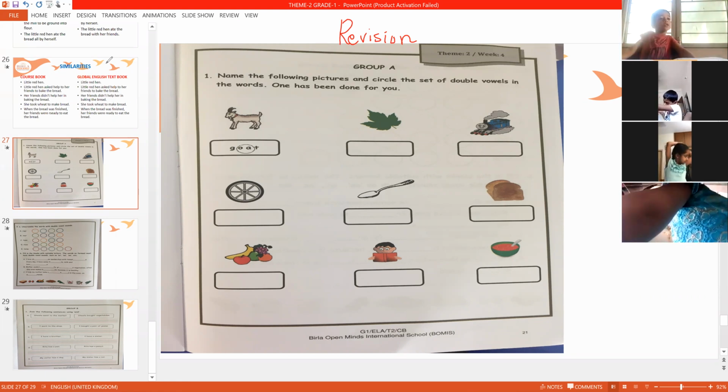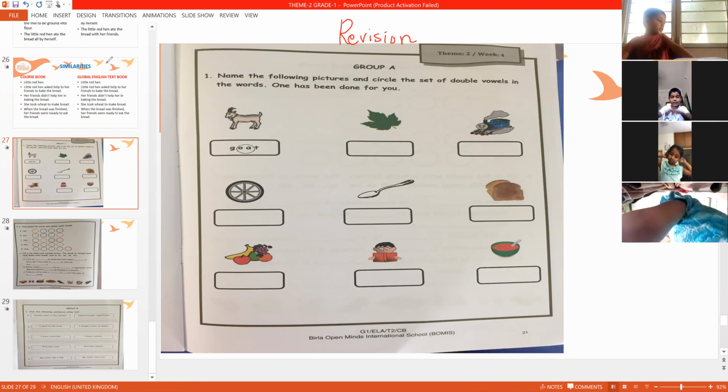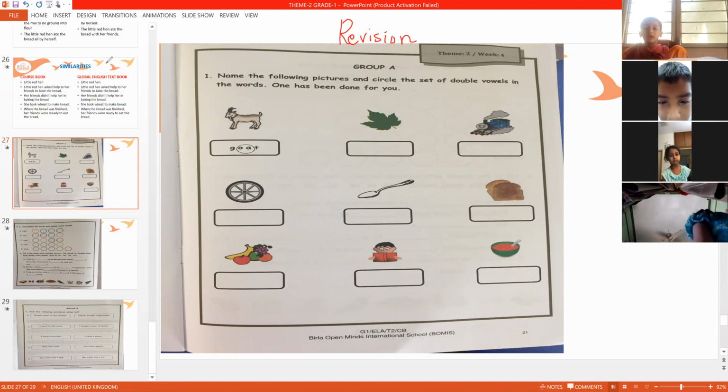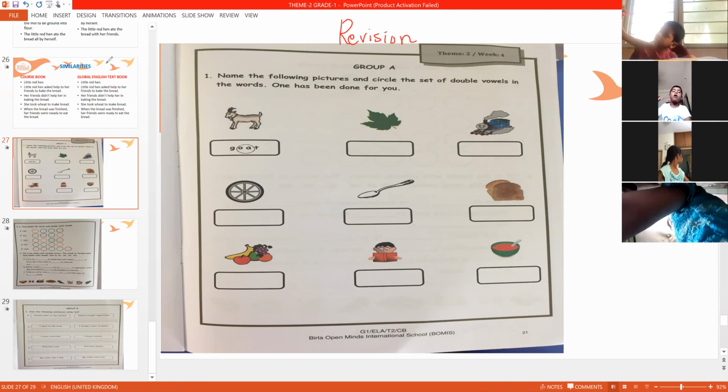What is the meaning of double vowel? When you see two vowels together, like A, E together, I, O together, like that, then that is called a double vowel word.